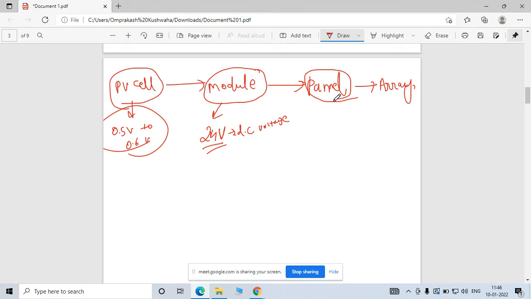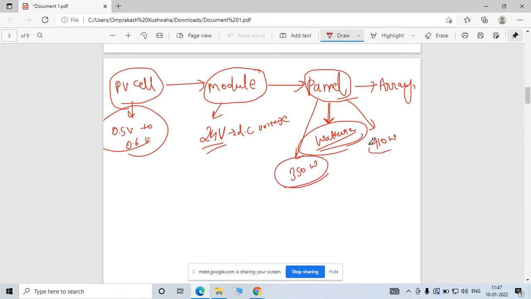So the rating of a panel is generally found in wattage. Okay, wattage. So what we generally find in the market is a 410 watt panel and a 350 watt panel.